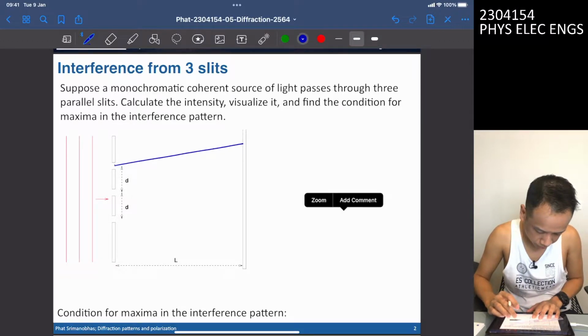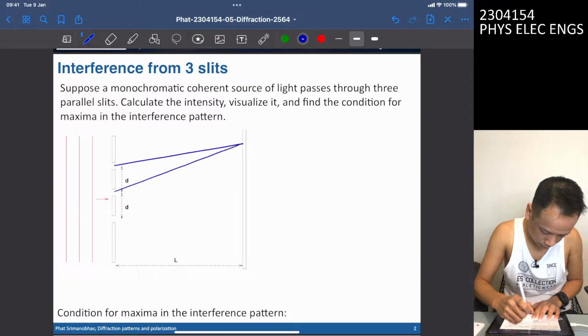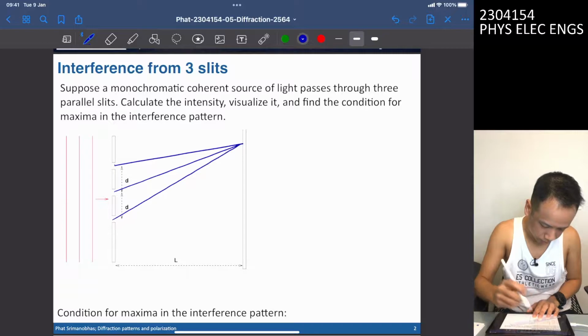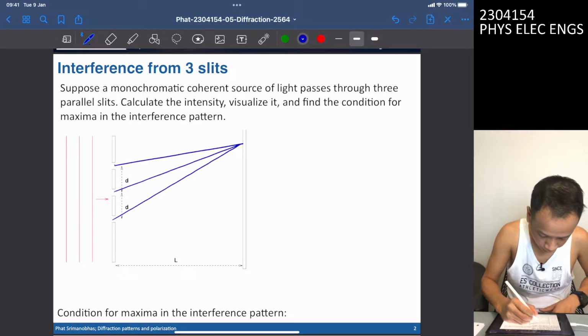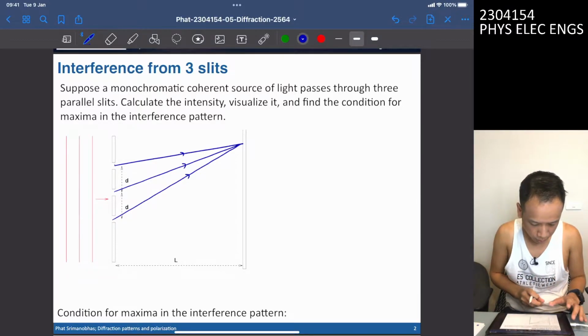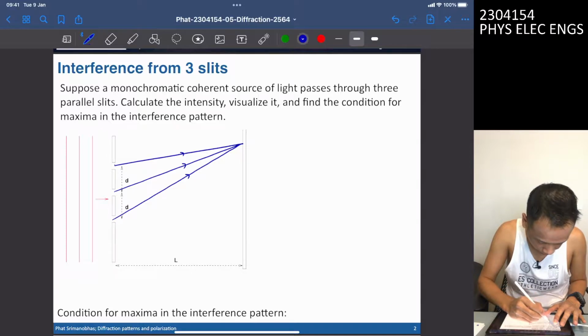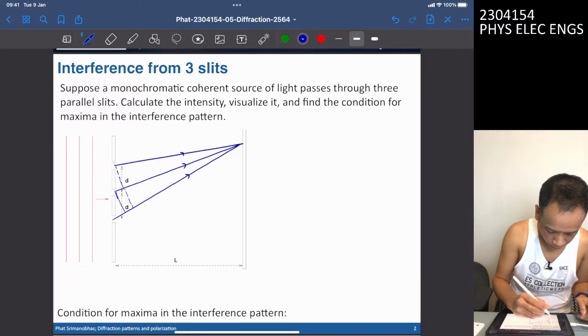Taking it to the screen like this, now you have 3 rays of light coming to the screen, and then we're talking about the path difference, while the distance between slits is d.